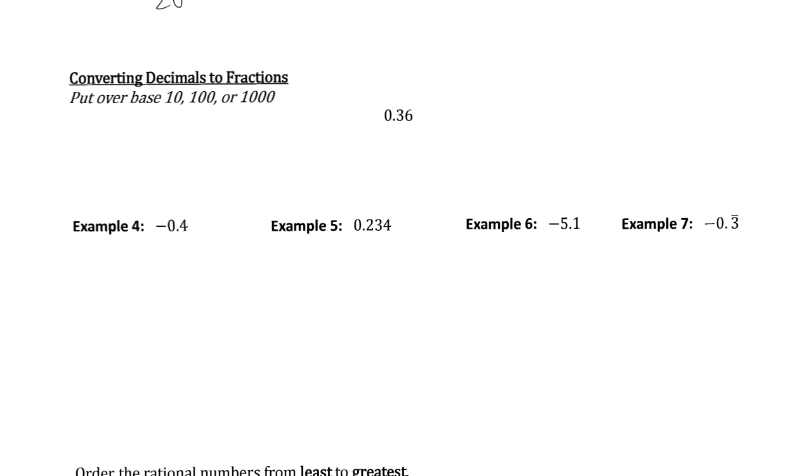Okay, this is partially where we need to review some vocabulary before we can actually do it. So this decimal place, what's that decimal place? That's called the tenths place. The tenths place. So this is the tenths place.